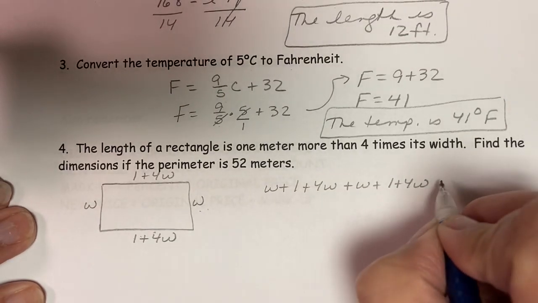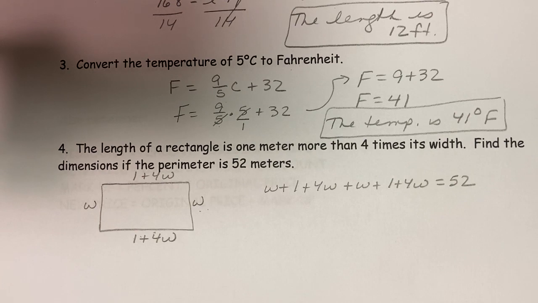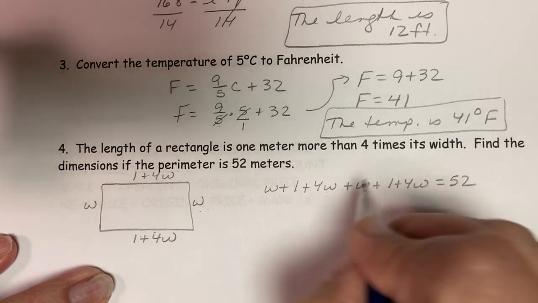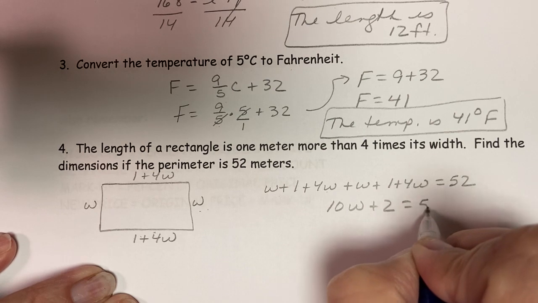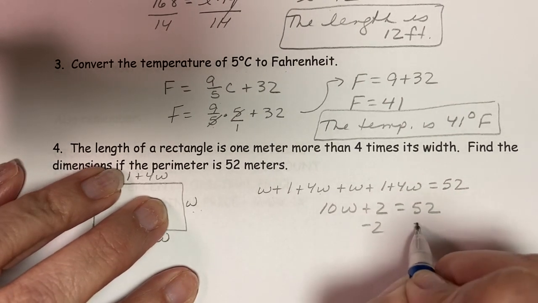And that whole perimeter is equal to 52. I have lots of like terms to combine. I have 1 plus 4 is 5. I have a total of 10W plus 2 is equal to 52. Go ahead and solve.